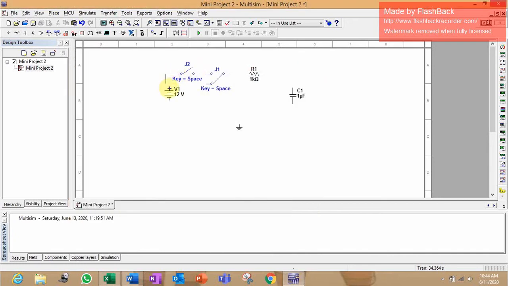Then connect each of the components. So this is for the charging state. I use this switch so it can show the options to charge and discharge. So this is the single capacitor.